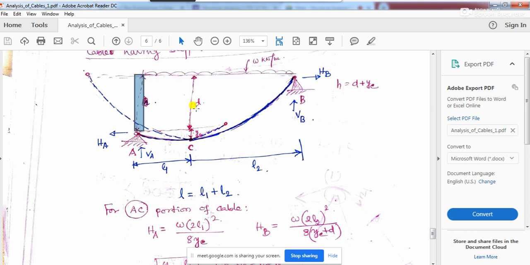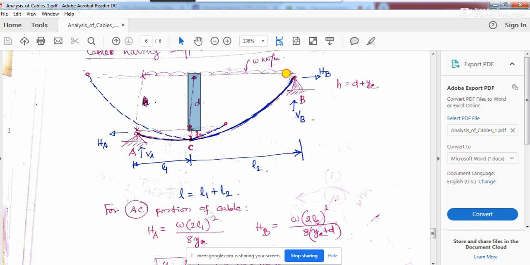You see, what is this d? D is basically the difference of the height of the supports. So the top level of this support and the top level of this support are at differing levels, by this distance d, or height d.